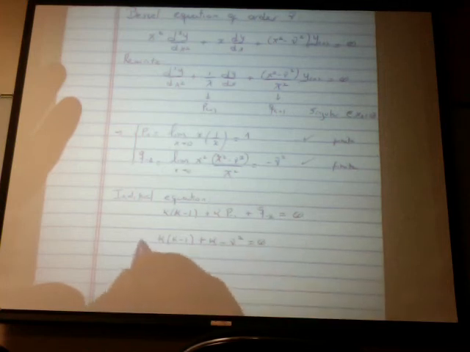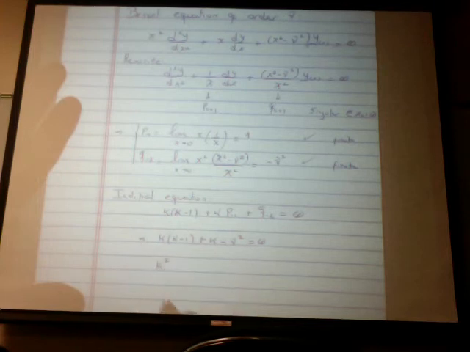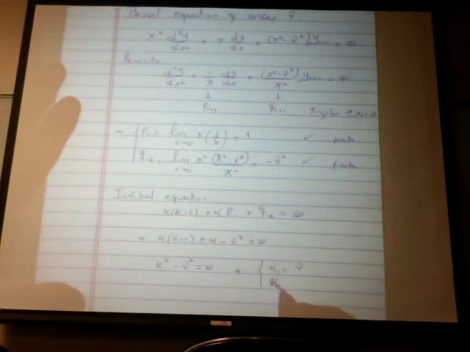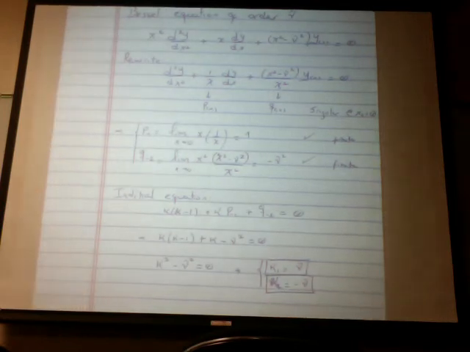That means that k squared minus nu squared is equal to 0. That means that k1 is equal to nu, k2 is equal to minus nu. Right? So those are the two roots of this equation, nu and minus nu.